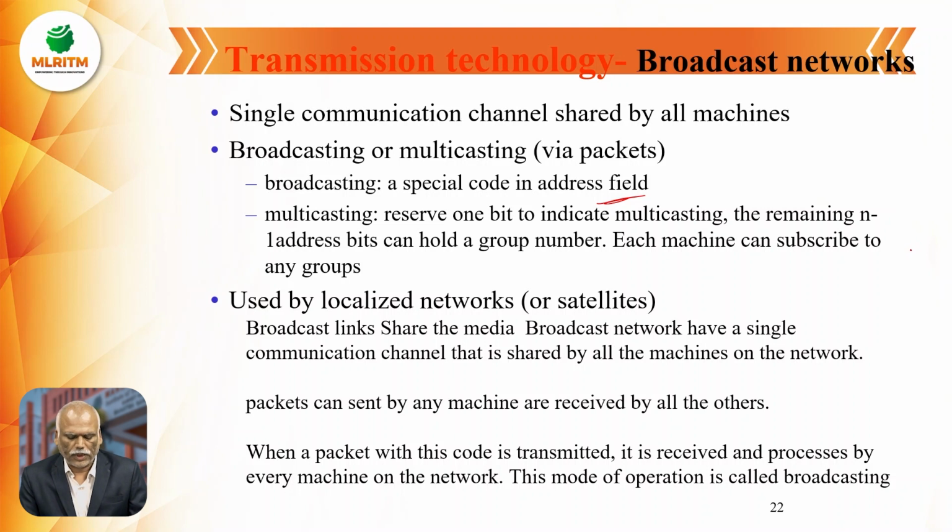Whereas multicasting reserves one bit to indicate multicasting. The remaining n-1 address bits hold the group number. So multicasting is one device to some group of members. Each machine can subscribe to that and be added to that group.